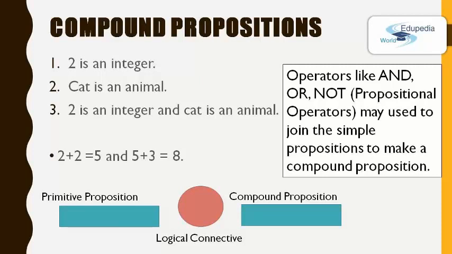Now take this compound proposition: 2 plus 2 equals 5 and 5 plus 3 equals 8. Here we use the AND propositional operator, and the primitive proposition 2 plus 2 equals 5 is false, but the primitive proposition 5 plus 3 equals 8 is true. So likewise, by using a logical connective, we can connect two primitive propositions and that makes a compound proposition.